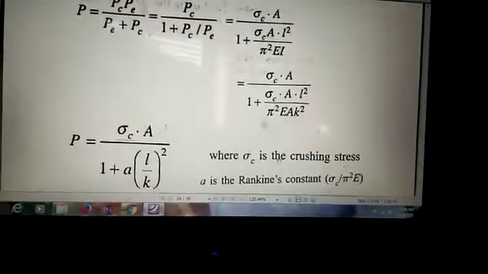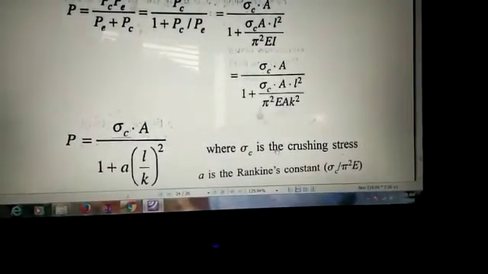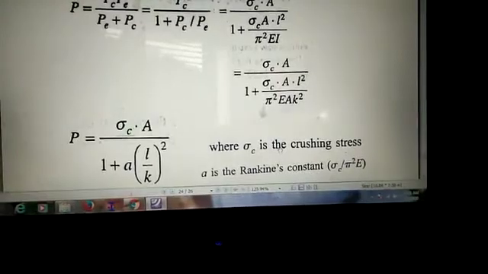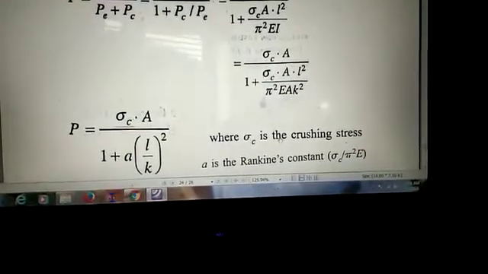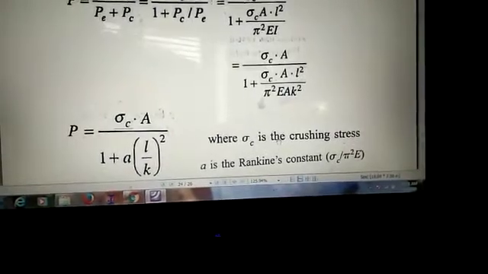It can be written as sigma C into A upon 1 plus sigma C into A into L square upon pi square E A K square, or P can be written as sigma C A upon 1 plus alpha times L by K whole square.